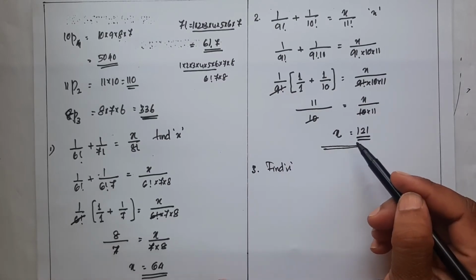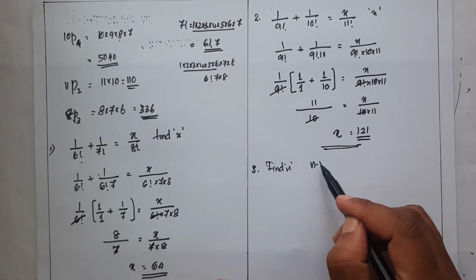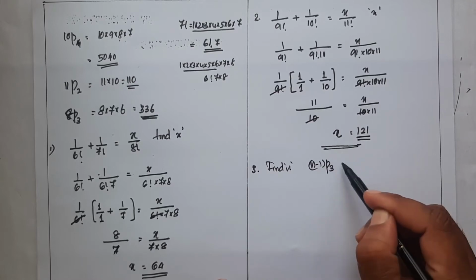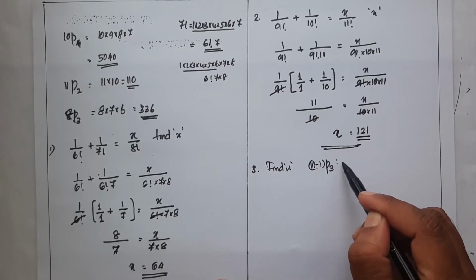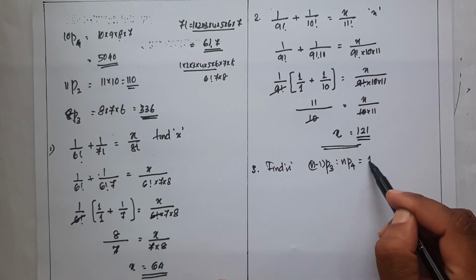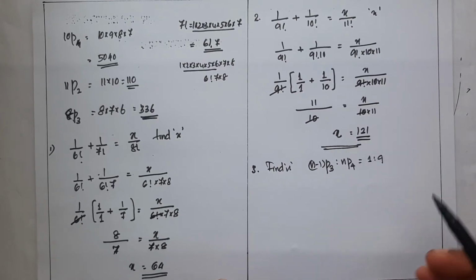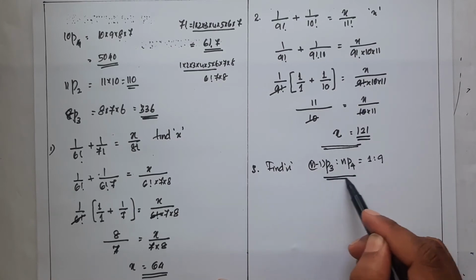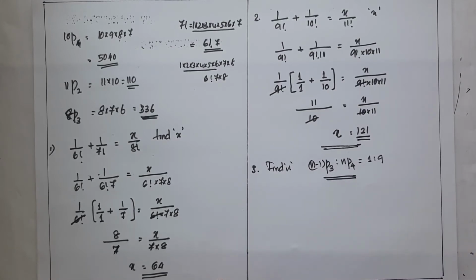Find n if (n minus 1)P3 is to nP4 is equal to 1 is to 9. What is the value of n?